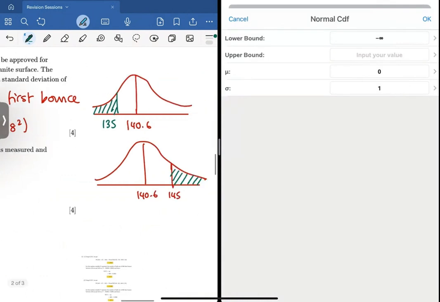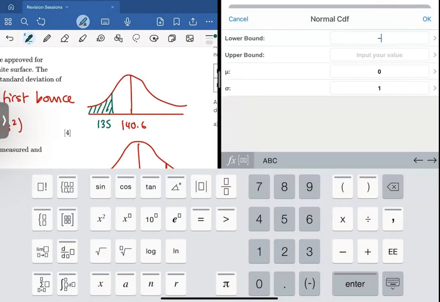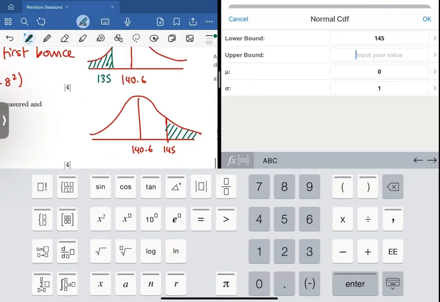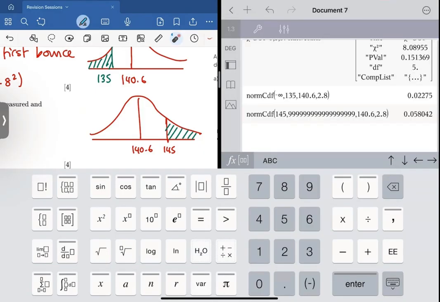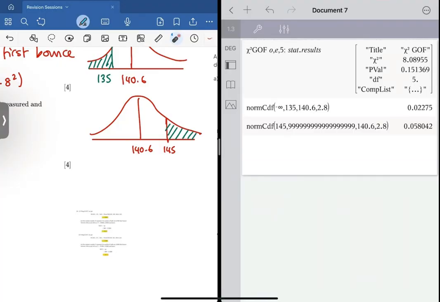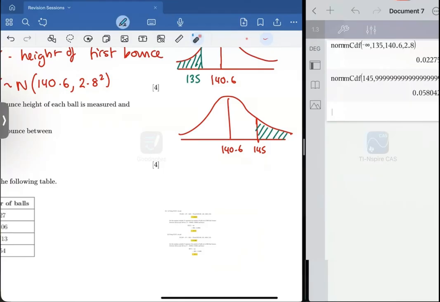Okay, but now this time my lower bound is 145. And my upper bound is going to be a number that's really, really big. I want to go as close to positive infinity as possible. So we want to go all the way up to the end. So I'm just going to type in a big number, lots of nines. This is 140.6, and this was 2.8. Enter, see what we get. Okay, so the probability that it's more than 145 is going to be that number there.